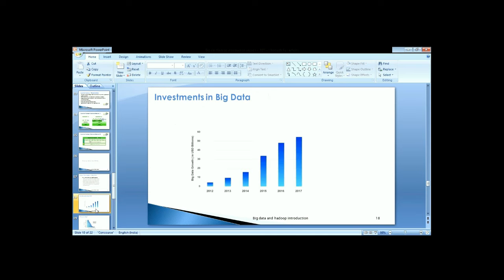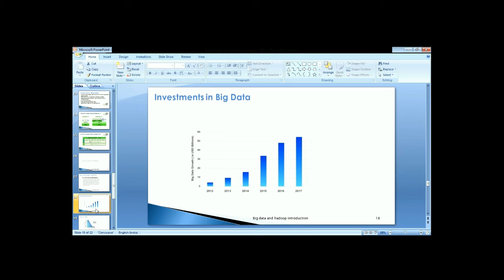And investment, as you can see, from 2012 it's just increasing, and it will increase further. The investments in big data will never decrease, because, as I told, the period from 2006 to 2010 was a proving period for big data. That was the period when companies took big data and proved the technology. Now there is no proving.